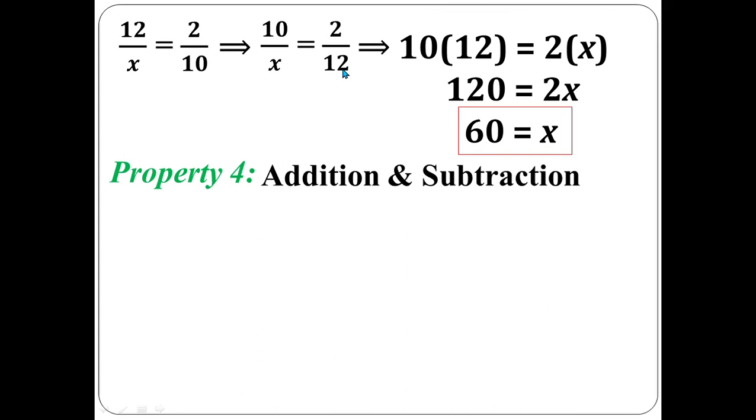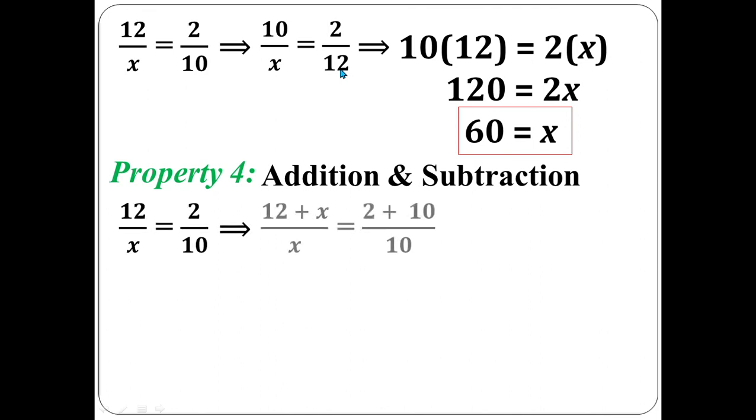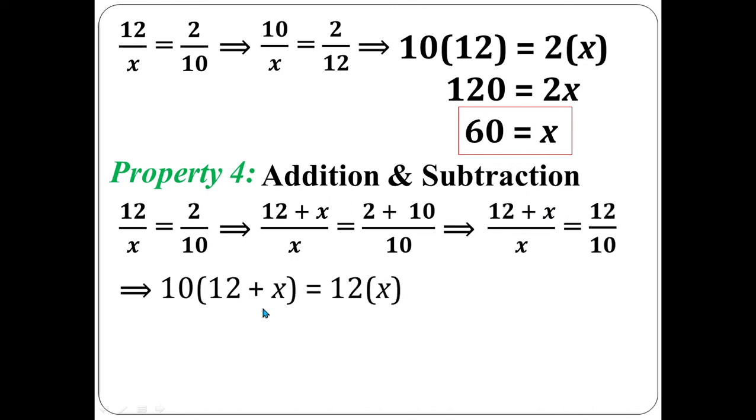Addition and subtraction is property number 4. Ganitong mangyayari from the given, 12 over x nagiging 12 plus x over x is equal to 2 over 10 ay nagiging 2 plus 10 over 10. Ang nangyayari ay yung means nila or yung nasa denominator ng ratio ay ina-add sa taas. Then after, combine, then balik ka sa first property.